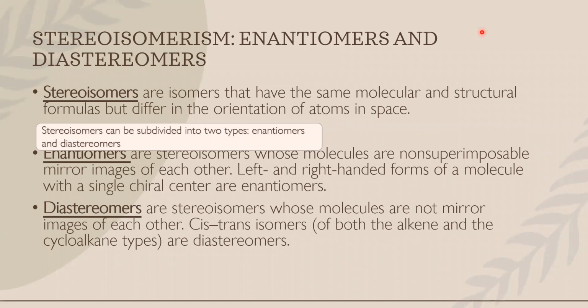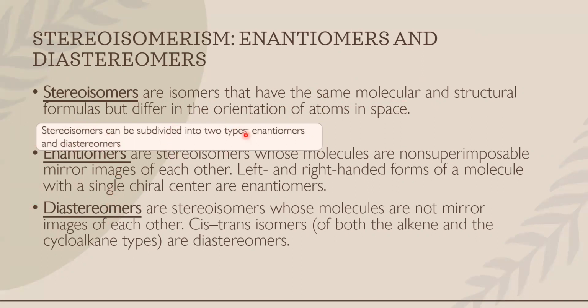Okay, next, let us discuss stereoisomerism, which includes enantiomers and diastereomers. Stereoisomers are isomers which have the same molecular and structural formulas but differ in the orientation of atoms in space. Stereoisomers can be divided into two types: enantiomers and diastereomers. So what are enantiomers?